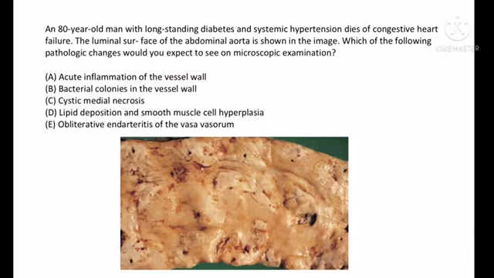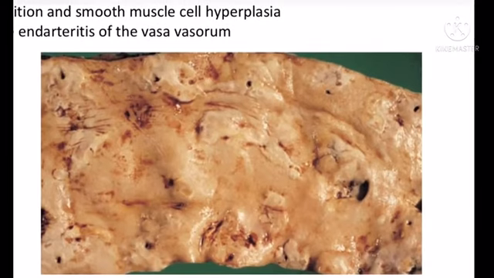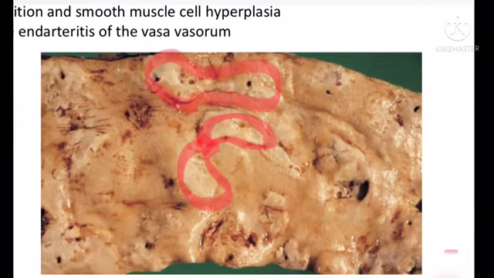We cannot see any aneurysm in this aorta. So what are the things that we can see in this aorta? Here we can see that in these areas, there is yellowish discoloration. And these are the feeding vessels to the adventitia.